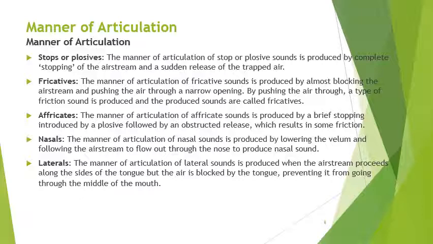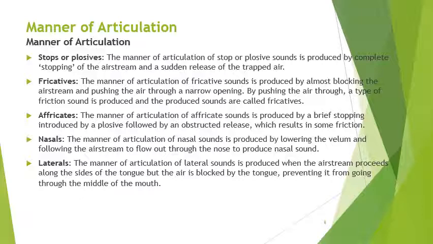You have the complete stop of the air and sudden release of such air, but through an obstruction, through a narrow opening, with friction. Sounds produced in this include ch, j.